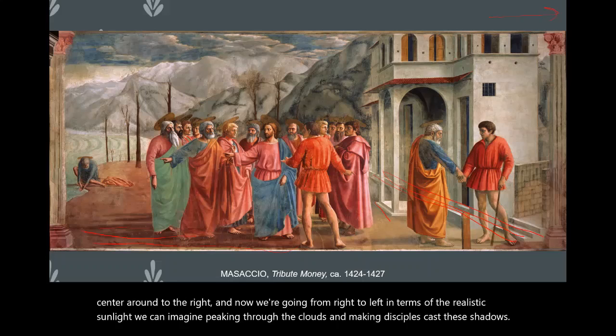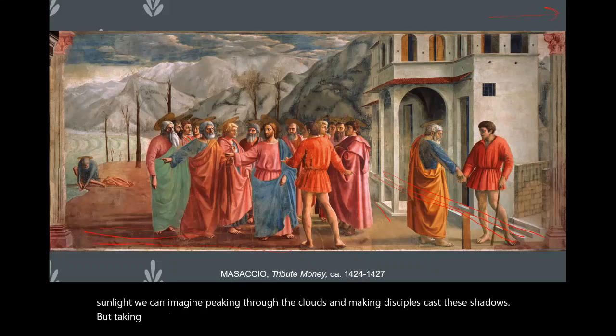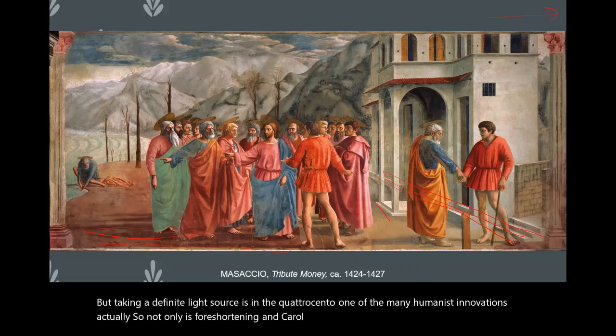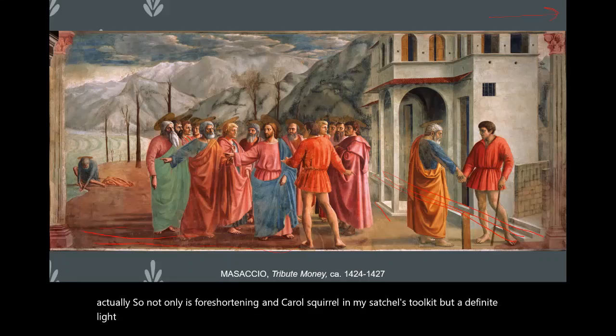But taking a definite light source is, in the Quattrocento, one of the many humanist innovations, actually. So not only is foreshortening and chiaroscuro in Masaccio's toolkit, but a definite light source as well is part of what separates him and his work from previous painters.